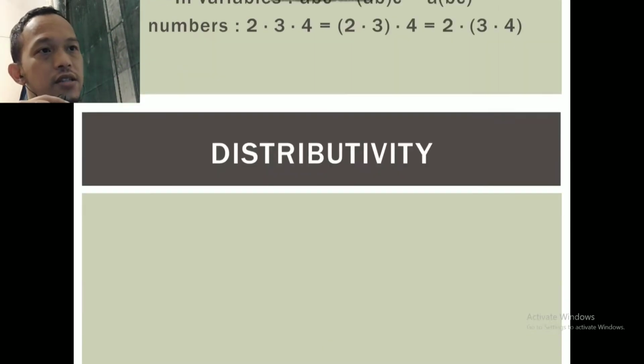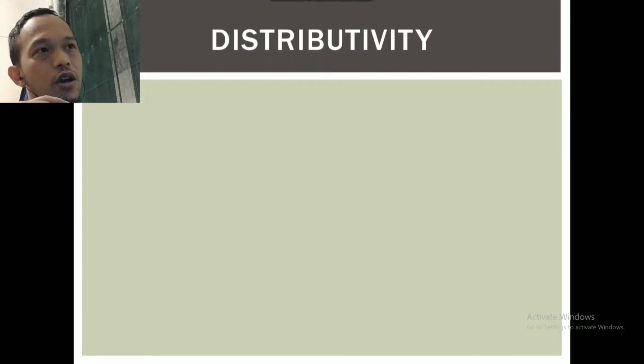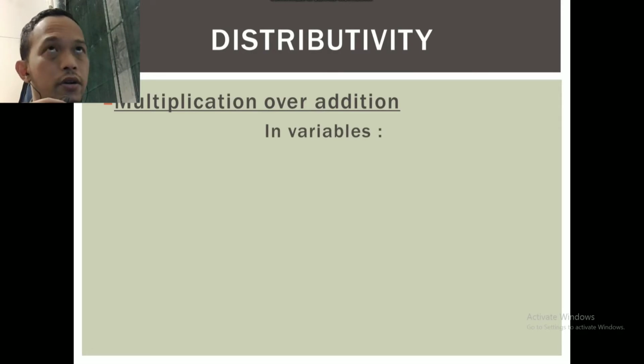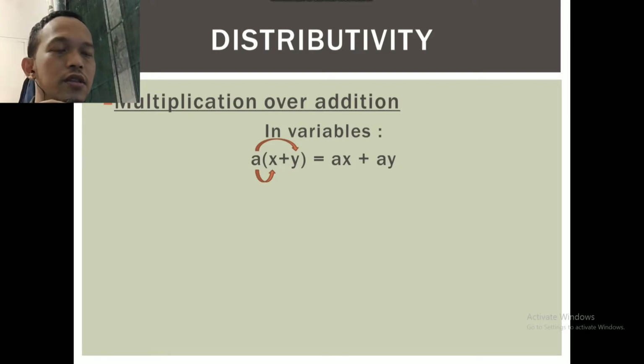The fifth is distributivity. This one will be applied only for one variation, only for multiplication over addition. You have been familiar with distributivity. In variables, a times the quantity x plus y will be distributed. You can distribute the a into the x and y.